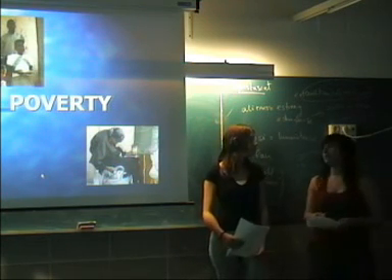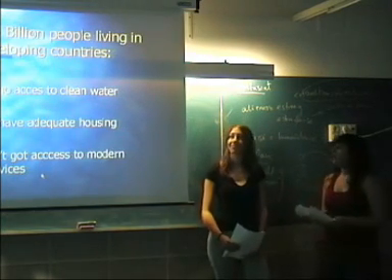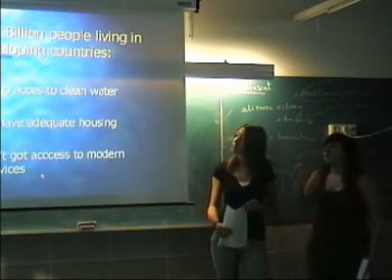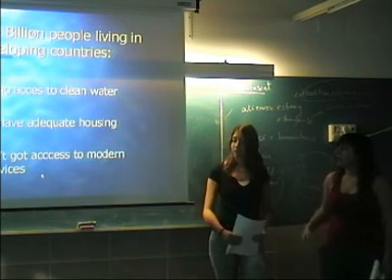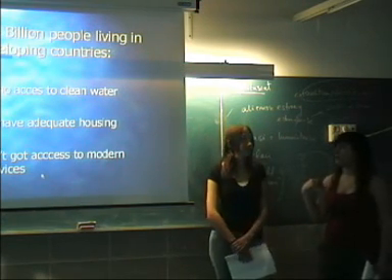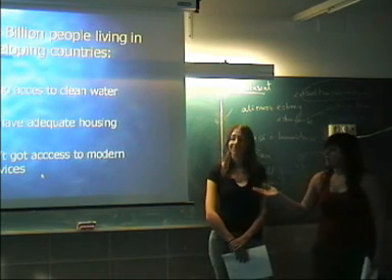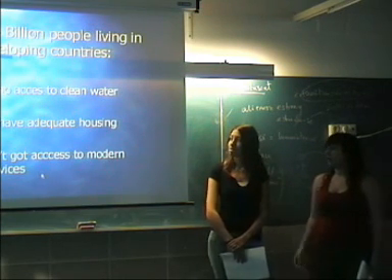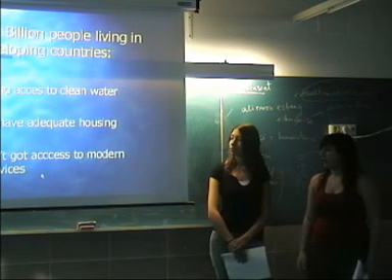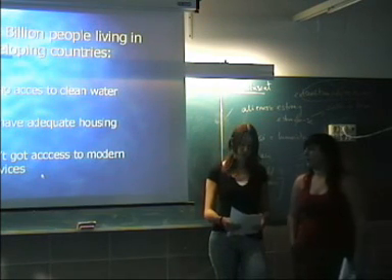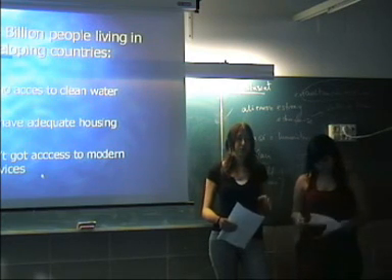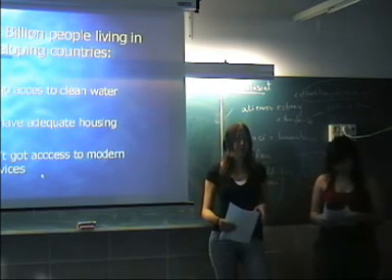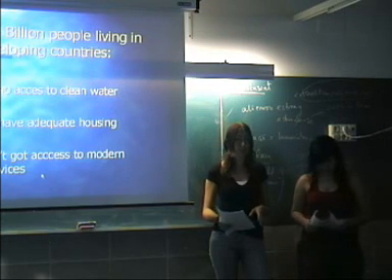Poverty is most widespread in developing countries, where 4.4 billion people live. One third have no access to clean water, one quarter don't have adequate housing, and one fifth haven't got access to modern health services. In 1997, the 5 richest people had 74 times the income of the 5 poorest people.